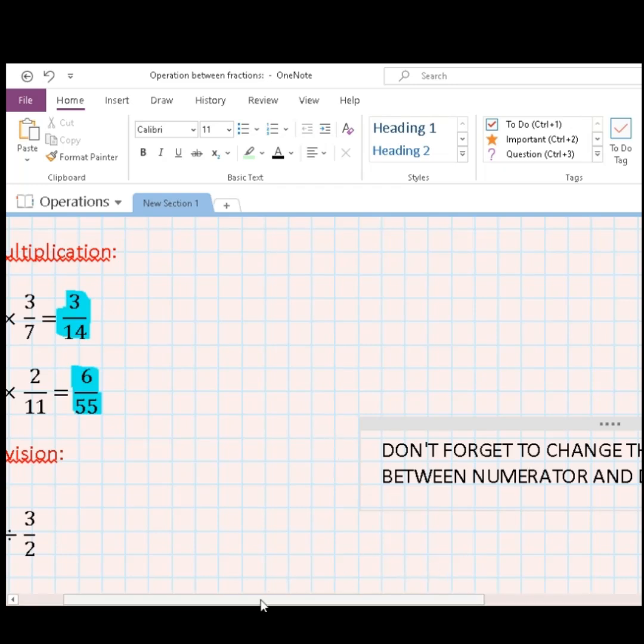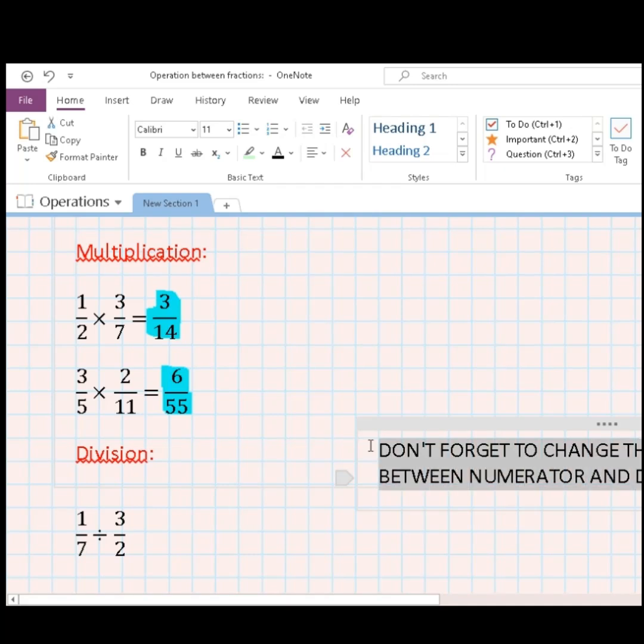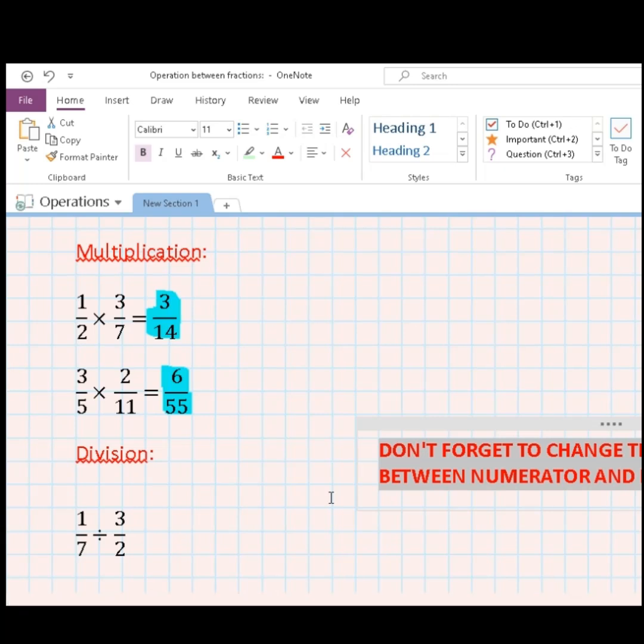Okay, the only thing we have to do is to change the numerator with the denominator. Okay, and then don't forget this in division. Don't forget to change the position between numerator and denominator. This is our first step.